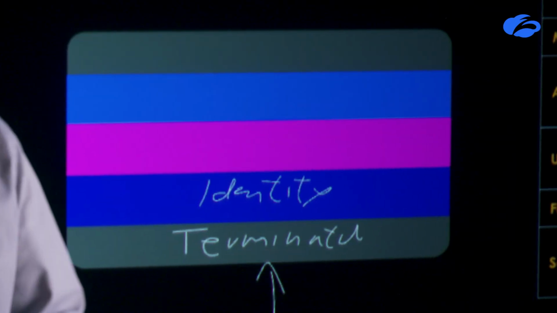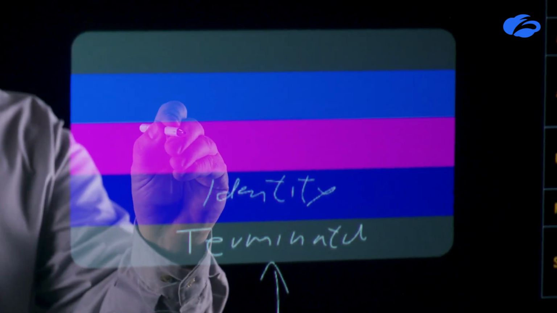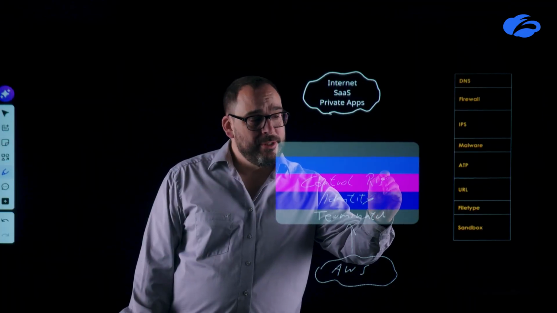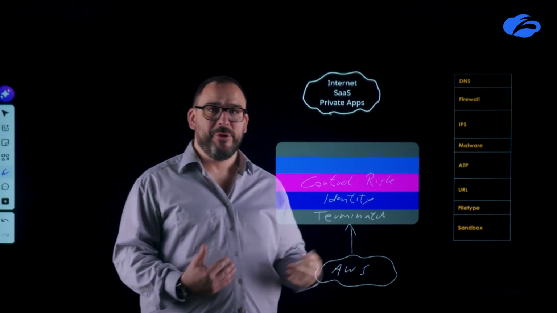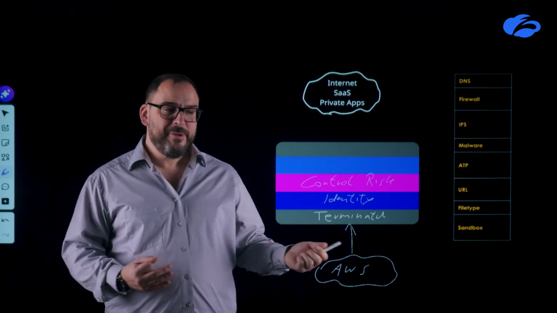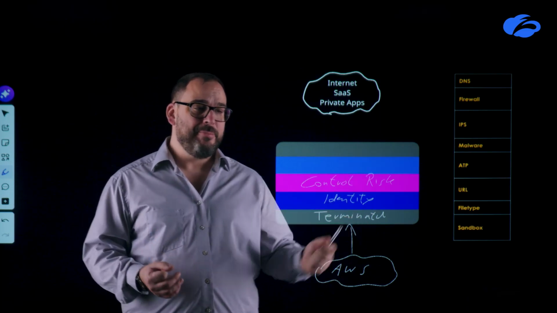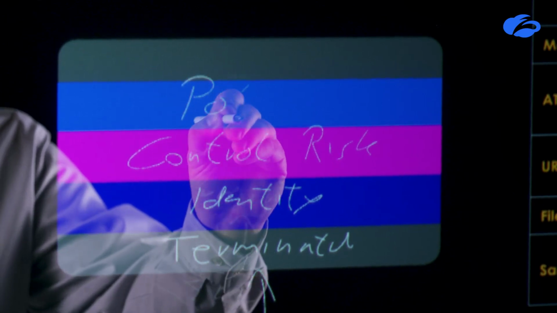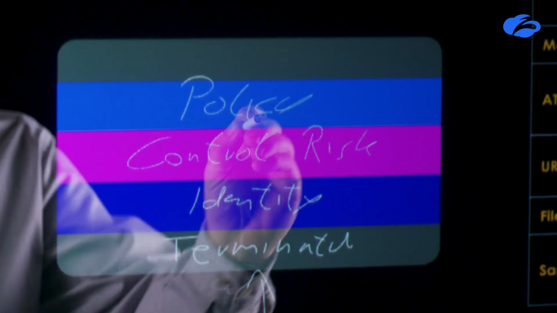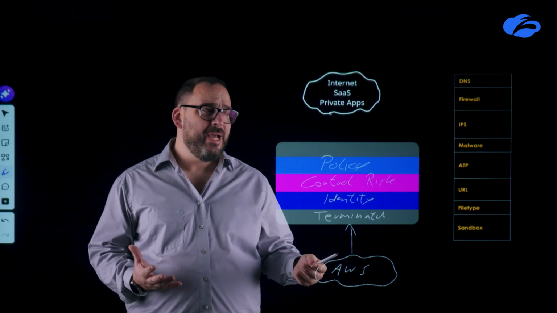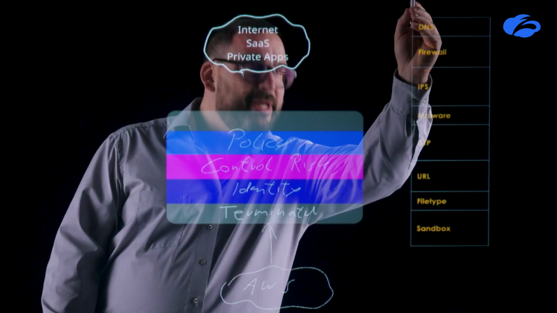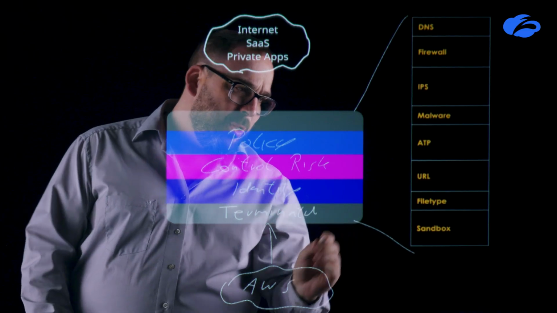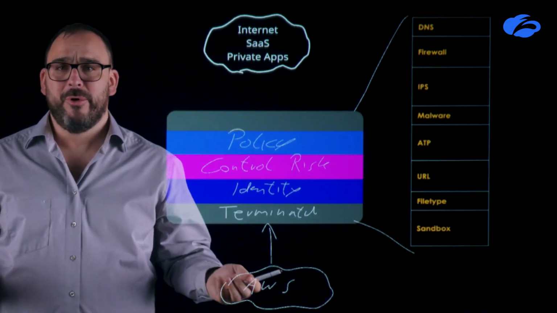Now, as we have the identity of the workload, we want to control the risk of this workload. So all the capabilities that we have put in place to figure out the risk exposure are now being put in place. And ultimately, we are going into policy enforcement. All the types of policies that we can enforce, you see here on the right side. It starts with DNS control, all the way down to sandbox control policies.